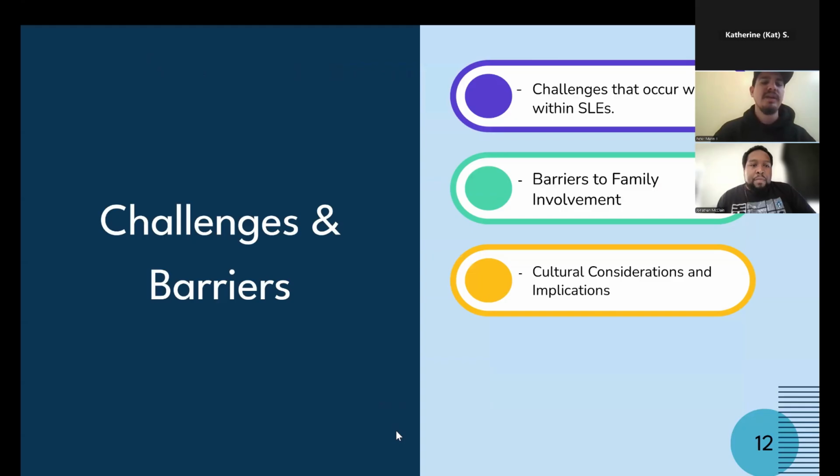Going on to challenges and barriers. The three concluding slides are we're going to cover challenges that occur within sober living environments, the barriers to family involvement, as well as cultural considerations and implications.